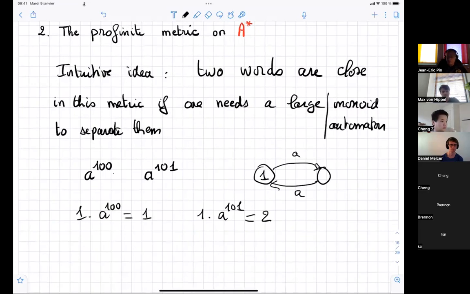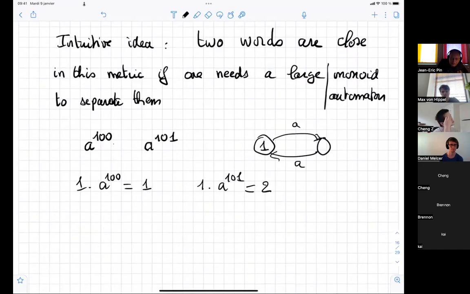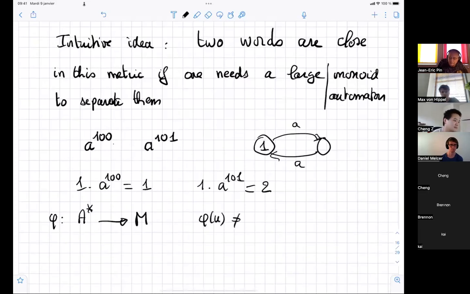Okay, so in terms of algebra, it means that you have a map phi from A star to M. You say a monoid separates two words if you have a morphism such that phi of u is different from phi of v. This exactly means that phi separates the words u and v, right?